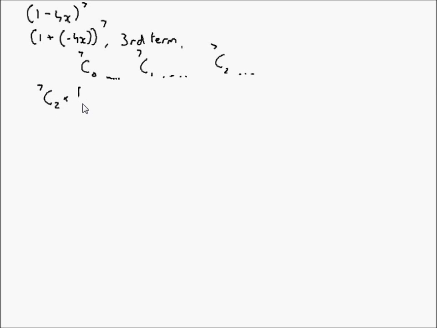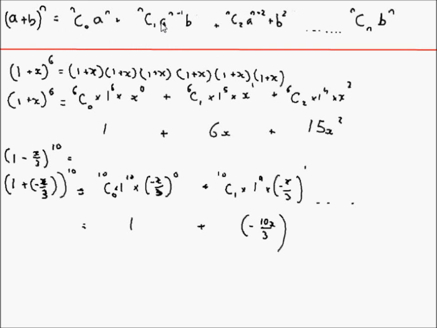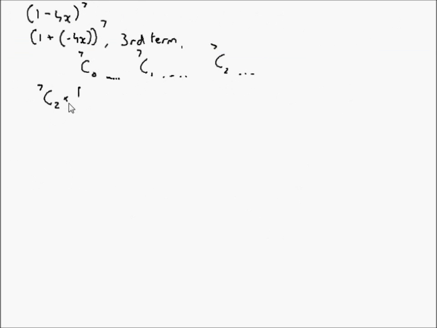As I said before, the difference between the n and the r gives you the power which a is raised to. So this means that 1 will be raised to the power of 7 minus 2, which is 5, sorry.